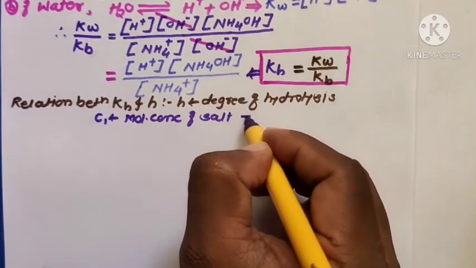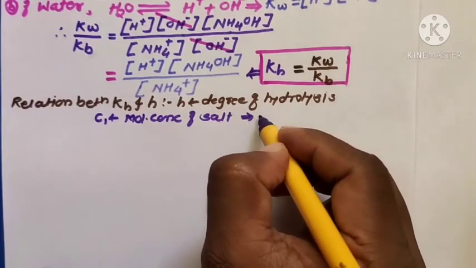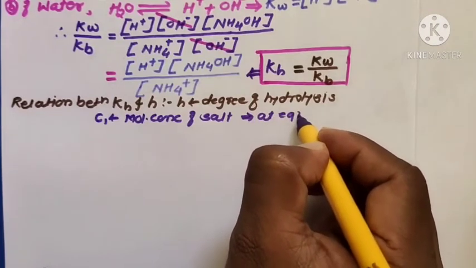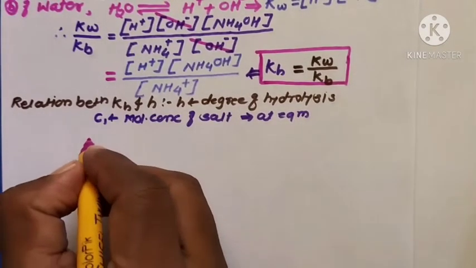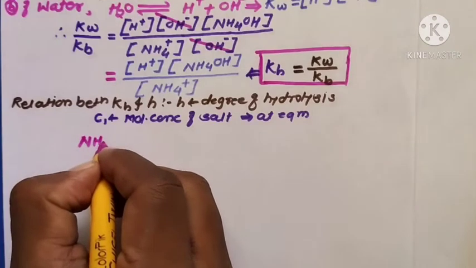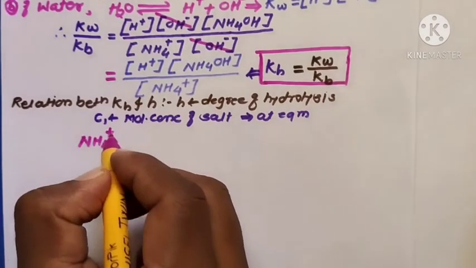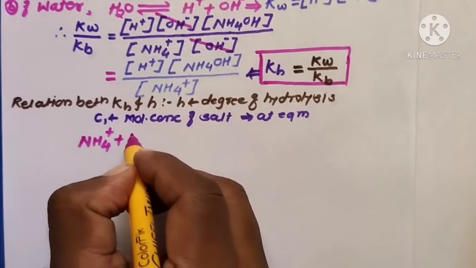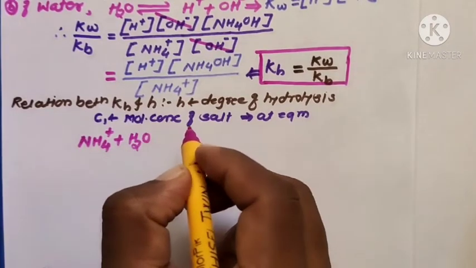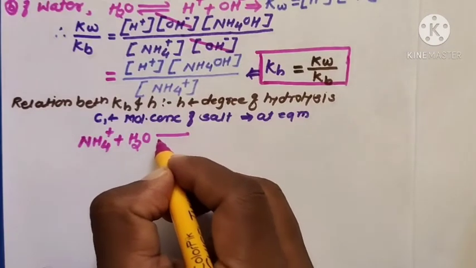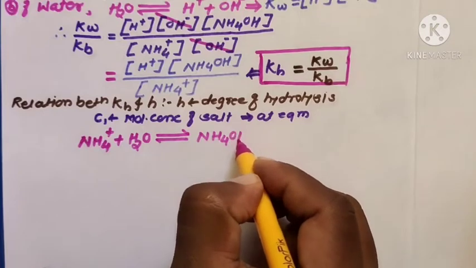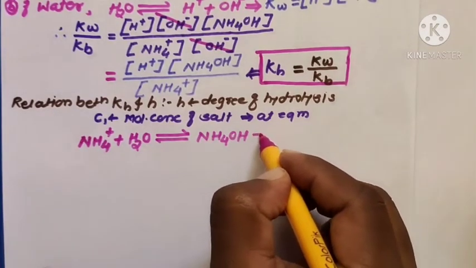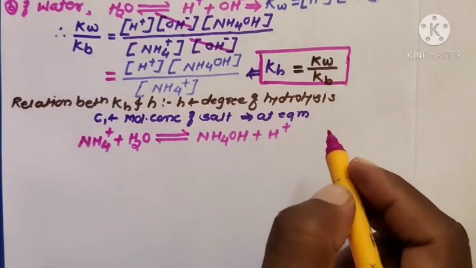Then at equilibrium the equation is NH4 plus ion plus H2O gives NH4OH plus H plus ions.